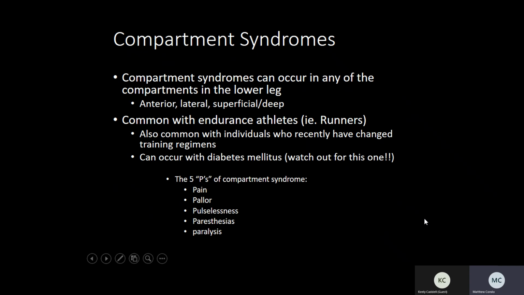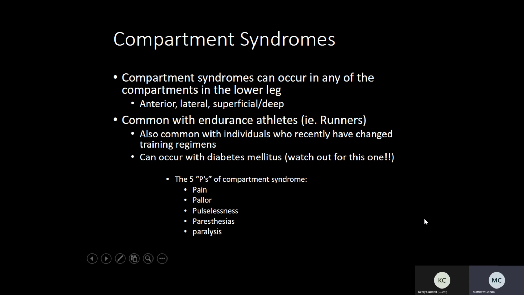Also, watch out for folks who have recently changed or begun a training regimen, right? What do I mean by that? Hey, I watched a running video, I'm super inspired, I'm going to go put 10 miles in. Because they feel good psychologically, they feel fantastic, and they go run. So we're going to see this a lot with folks that have recently begun a training regimen, put a lot of miles in, whatever it is.